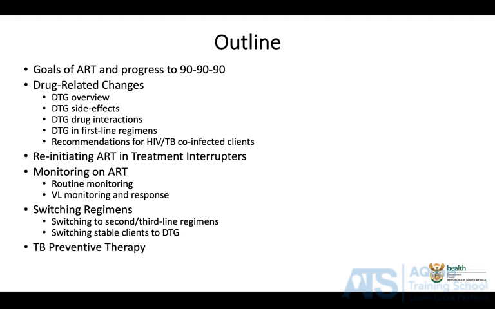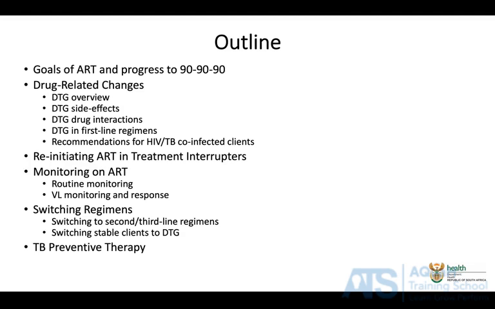As part of the program, we are going to cover a number of topics, from the high-level goals, to why these changes are important and where we are as a country in terms of managing HIV and AIDS and disease control.